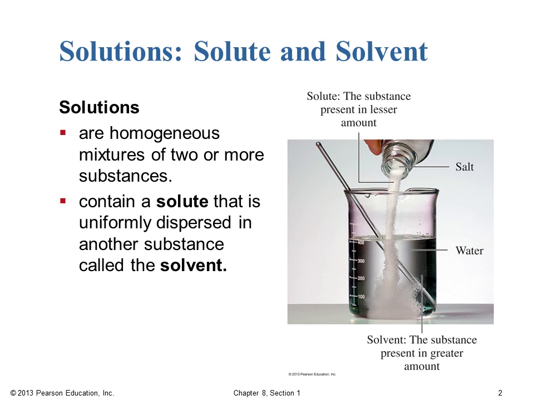So solutions are homogeneous mixtures, and they contain two or more substances. If you recall what it means to be homogeneous, it means that it's going to be the same throughout. So the solution is going to be consistent throughout the whole mixture. A solution contains both a solute and a solvent.